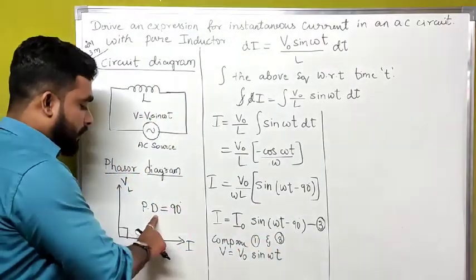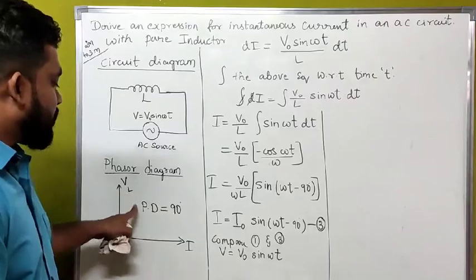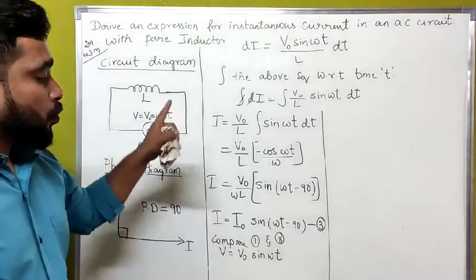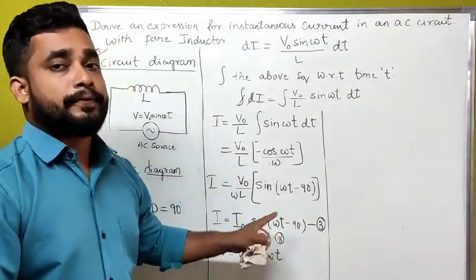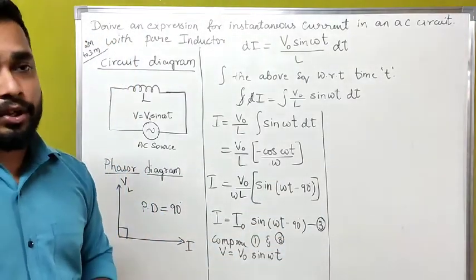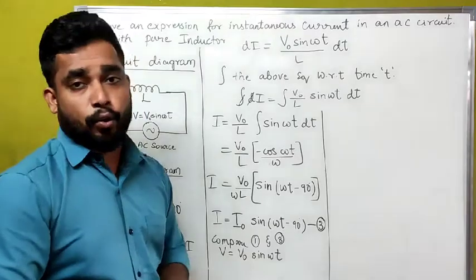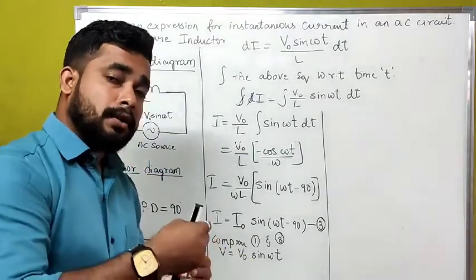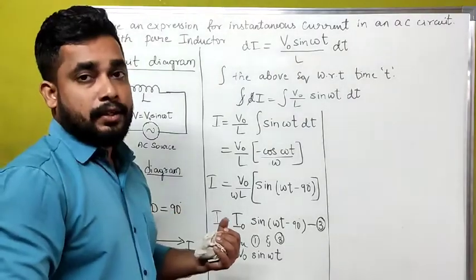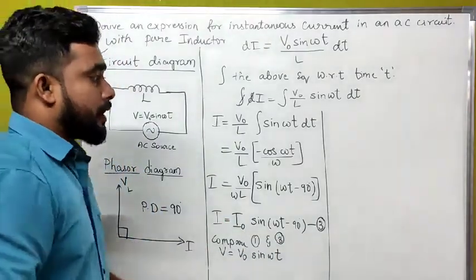Hence, the phase difference between voltage and current is 90 degree, or you may say that voltage leads the current by a phase of 90 degree in a pure inductor connected to an AC circuit, or that current lags behind voltage. We may write it as we wish.